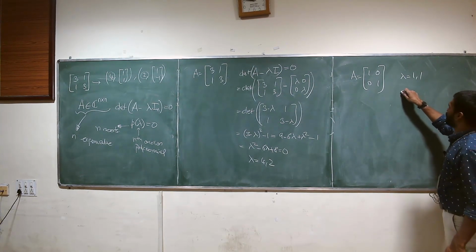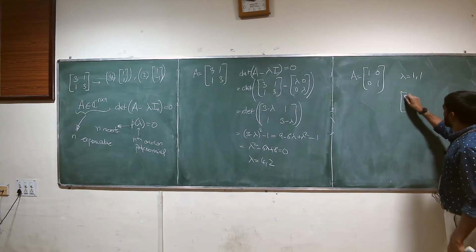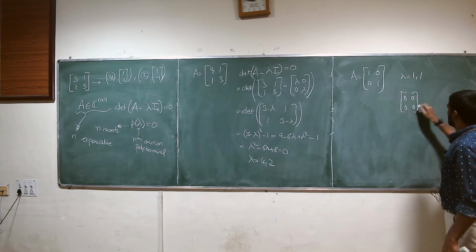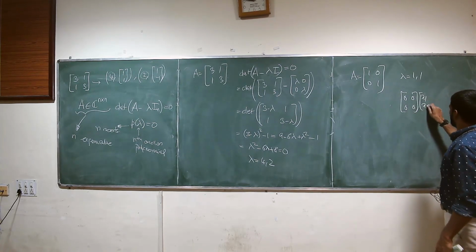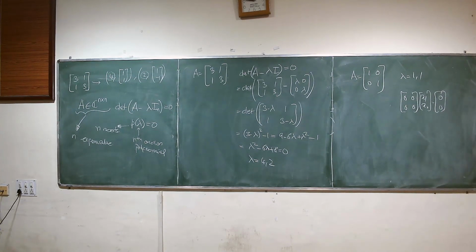Well, what happens when you do A minus lambda I? So you get this. Exactly. Any vector is an eigenvector in this case, and it gets scaled by 1.